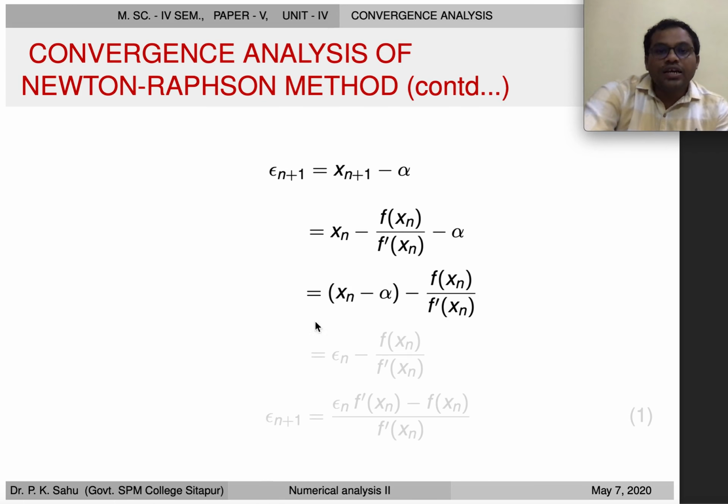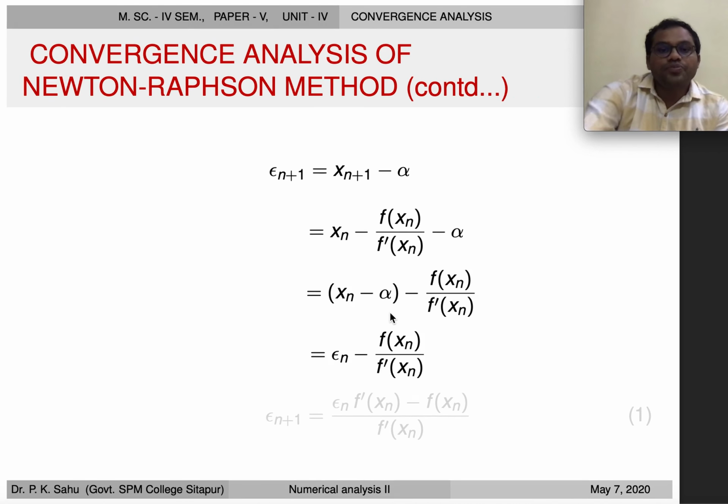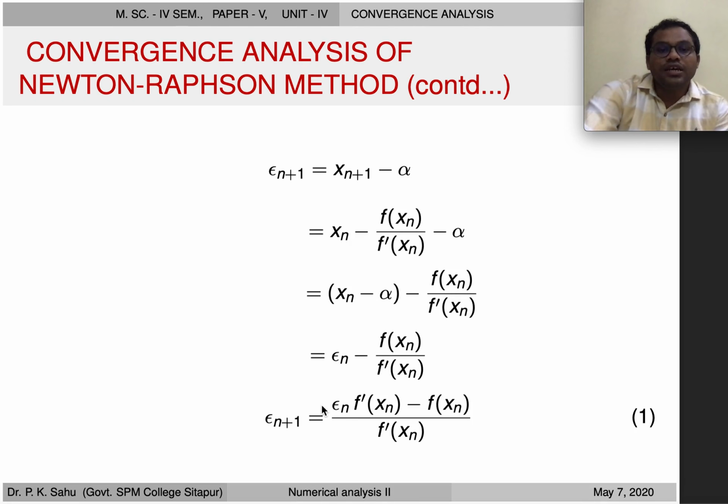We know that xn minus alpha is the error at the nth approximation. So we have epsilon n plus 1 equal to epsilon n minus f of xn divided by f prime of xn, which we can write as epsilon n plus 1 equal to epsilon n f prime of xn minus f of xn, all divided by f prime of xn.